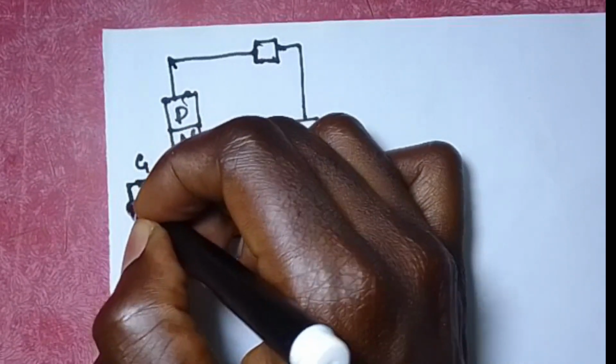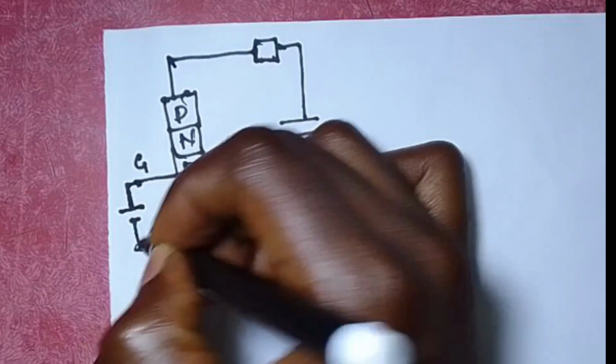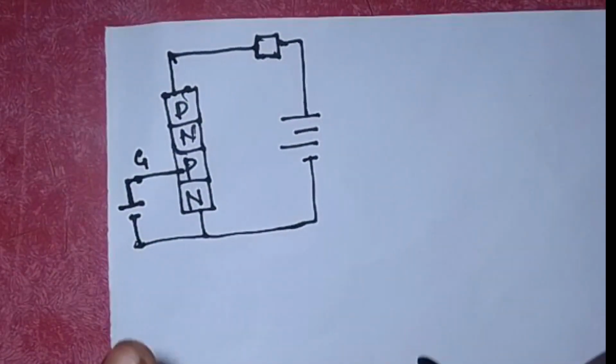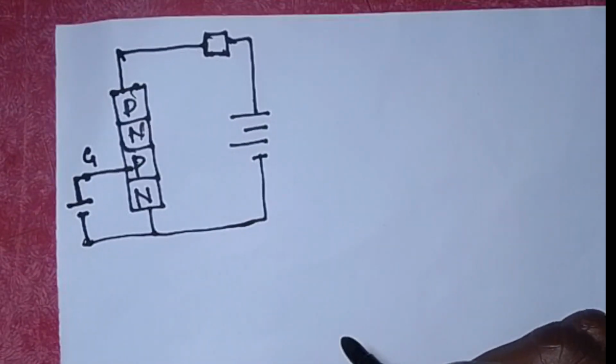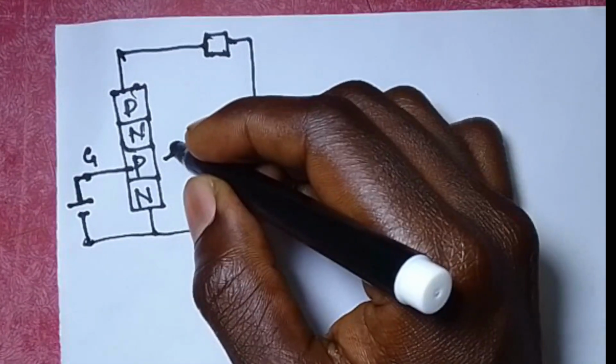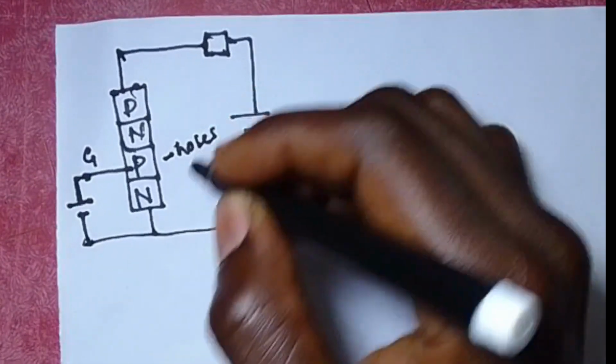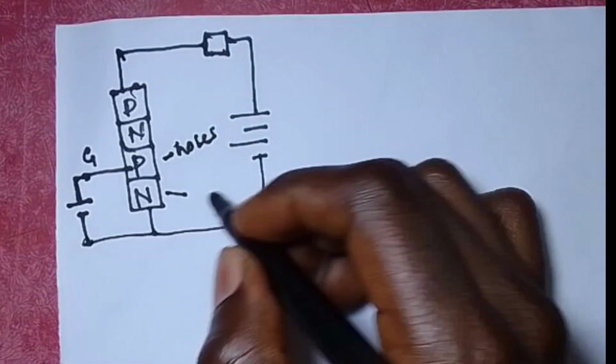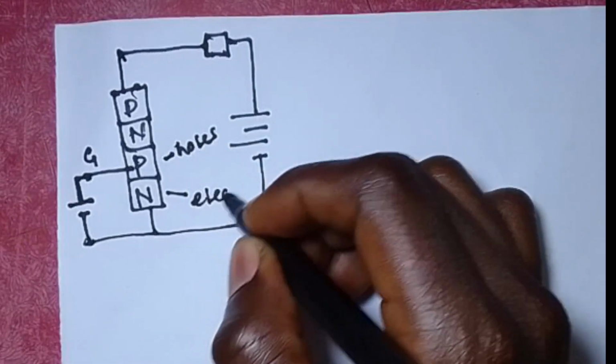It will have a certain voltage across it, such that a certain current flows through that base. In the P type we have holes, and in the N type we have electrons.